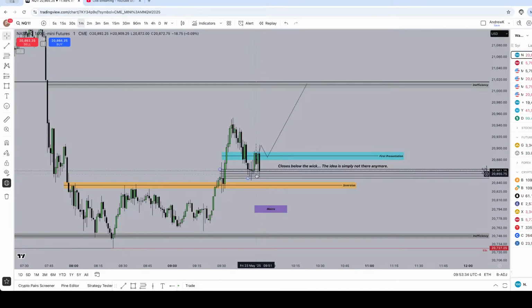Watching that closely. See how we can't get a close above? I still think it gets back above here and still reaches here.